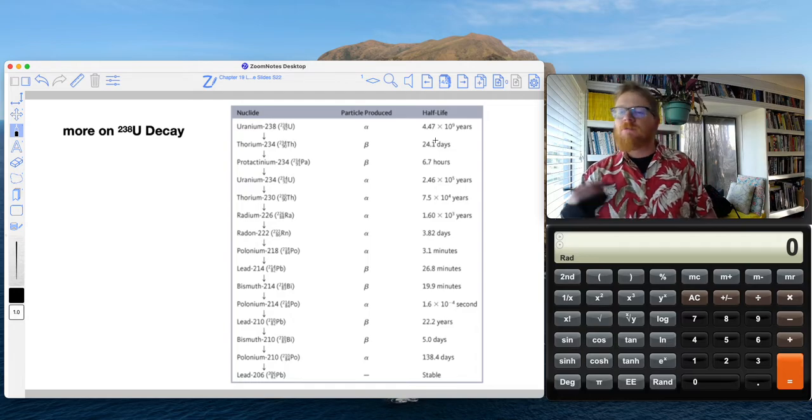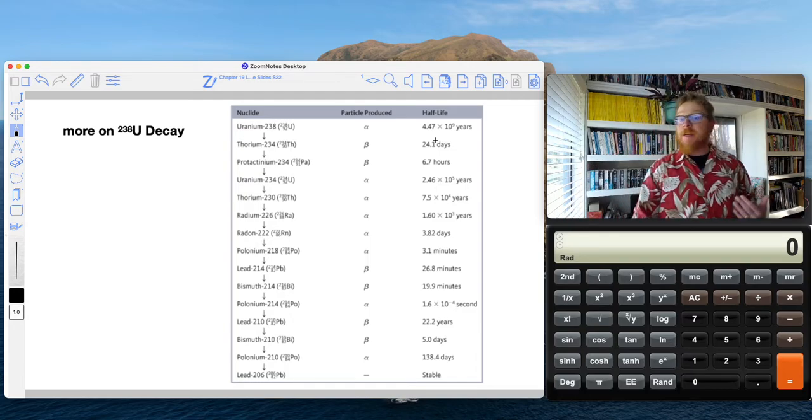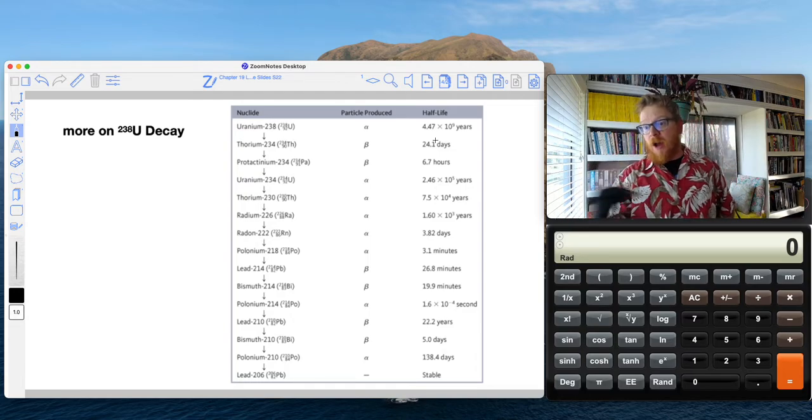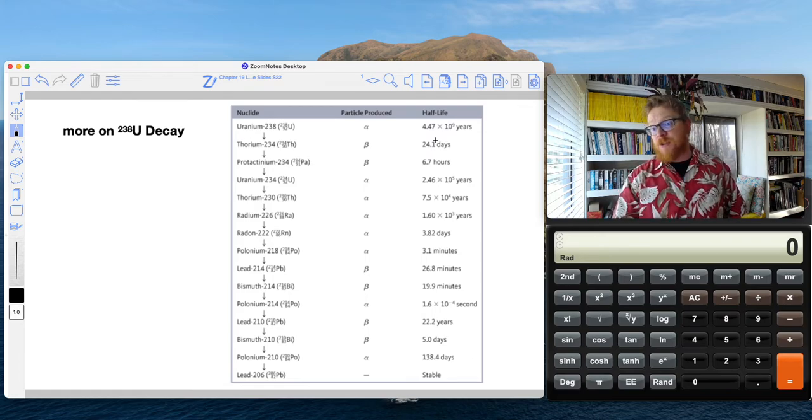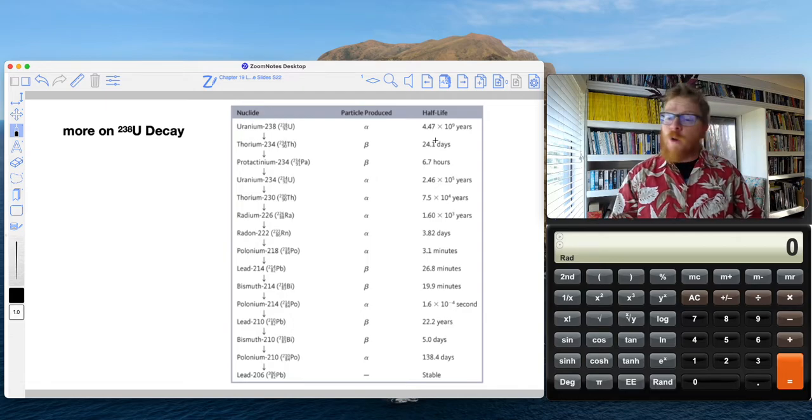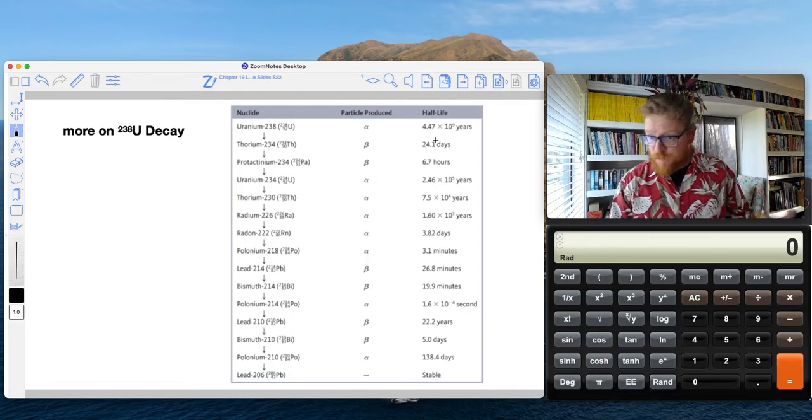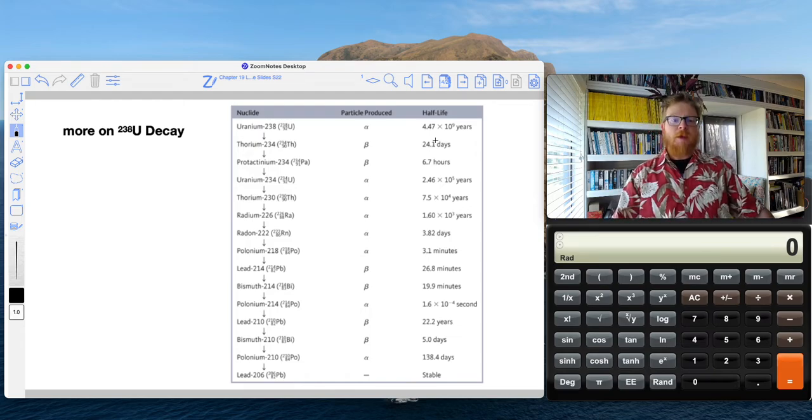For most human stuff, carbon dating is perfectly fine because we're talking about things over thousands or tens of thousands of years, like scrolls made out of paper or tools made out of wood. But if we wanted to age stuff that's much, much older, we would need to look at the uranium decay series or perhaps another decay series.